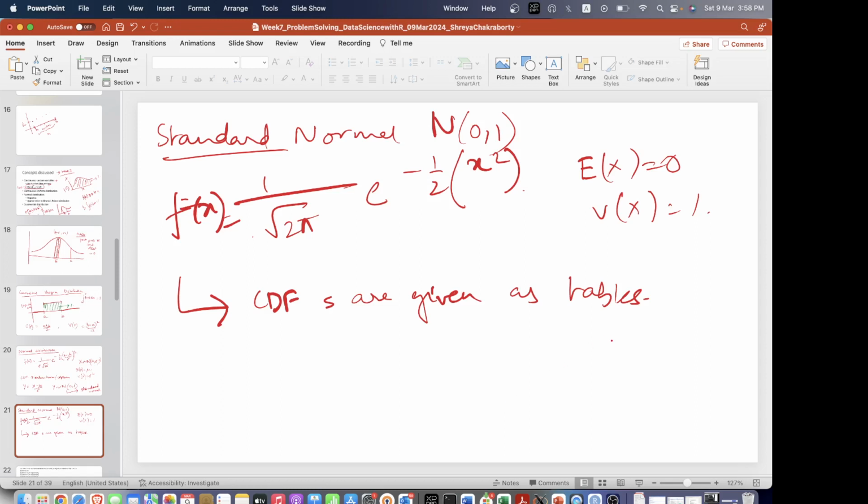So if you are provided with offline tables in any case, then that table usually corresponds to a standard normal distribution table, and if you have to find out some values based on the original distribution, you can always convert, alright, and get those values.